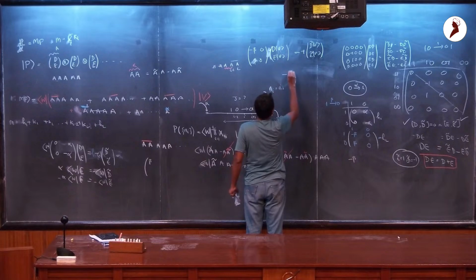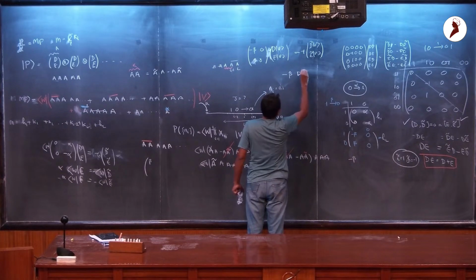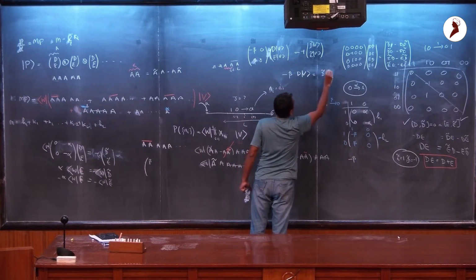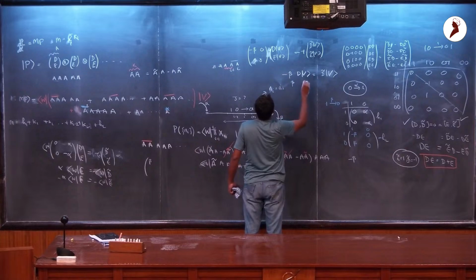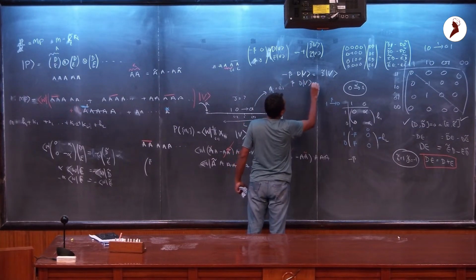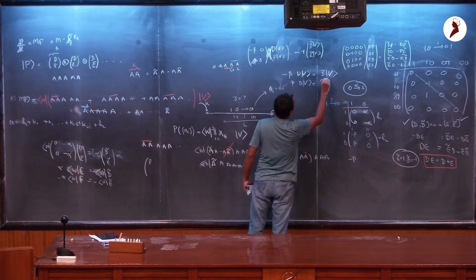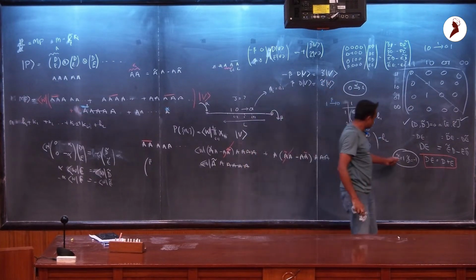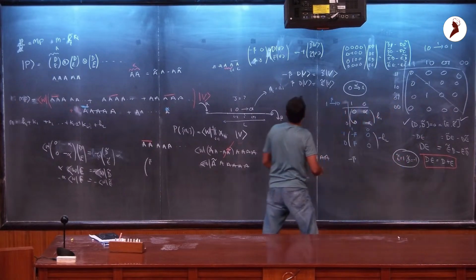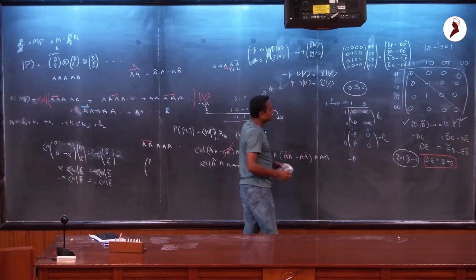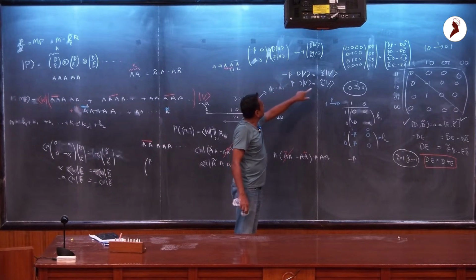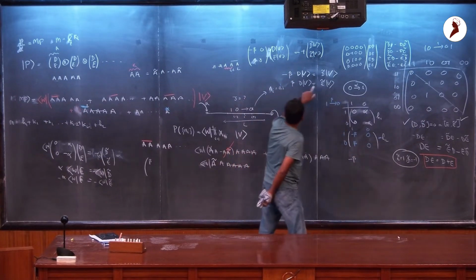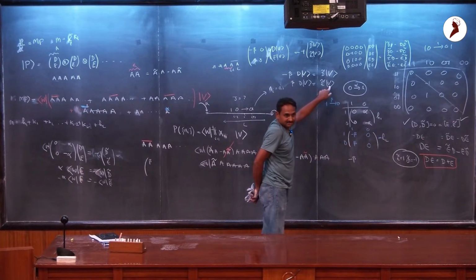So this is minus beta V, minus beta D V equal to D tilde V, and plus beta D V equal to E tilde V. Now if you use E tilde equal to 1 and D tilde equal to minus 1, these two equations become the same, one equation. D tilde, E tilde equal to 1. So beta D V equal to V, that's what you get.